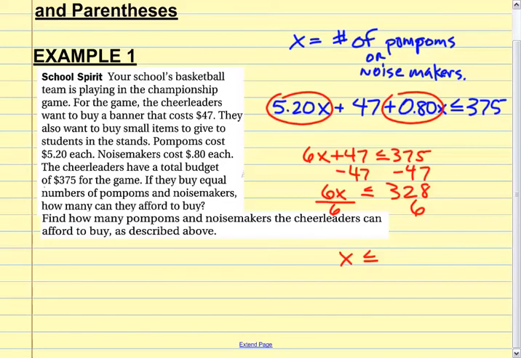Not 375. Remember, we had to divide both sides by 6. What did we get when we did that?